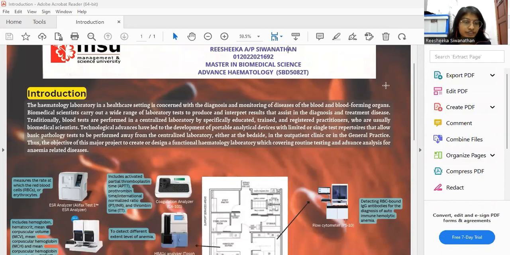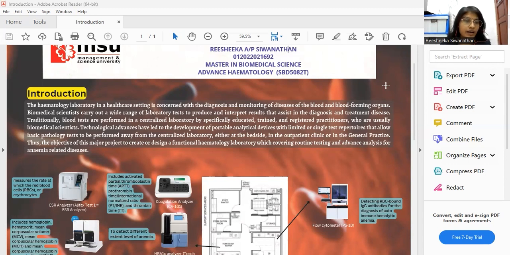As for the introduction, the hematology lab in a healthcare setting is concerned with the diagnosis and monitoring of diseases of the blood and blood-forming organs. Biomedical scientists carry out a wide range of laboratory tests to produce and interpret results that assist in the diagnosis and treatment of disease.